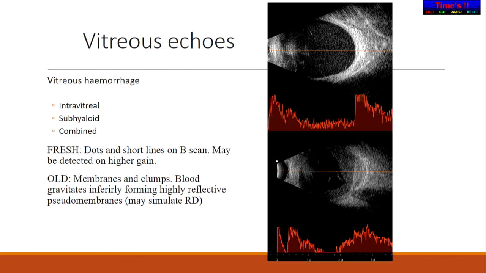And vitreous hemorrhage is characterized by multiple dot-like echoes throughout the vitreous cavity. It can be either an acute or fresh vitreous hemorrhage or a long-standing vitreous hemorrhage. In long-standing vitreous hemorrhage, it is more of clumps and pseudomembranes, which are gravity dependent.